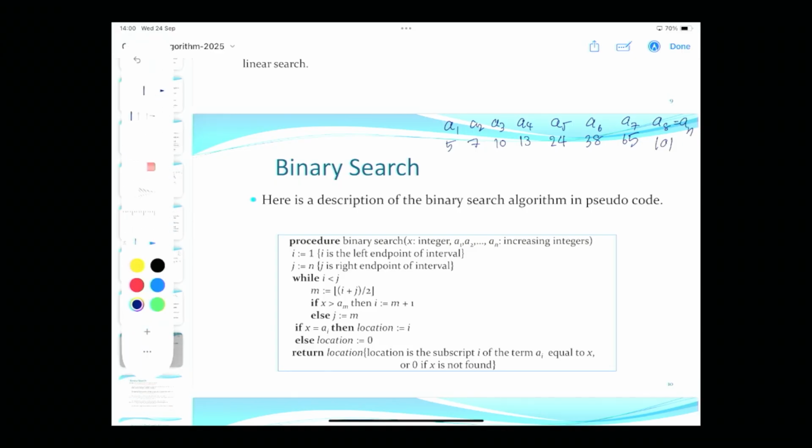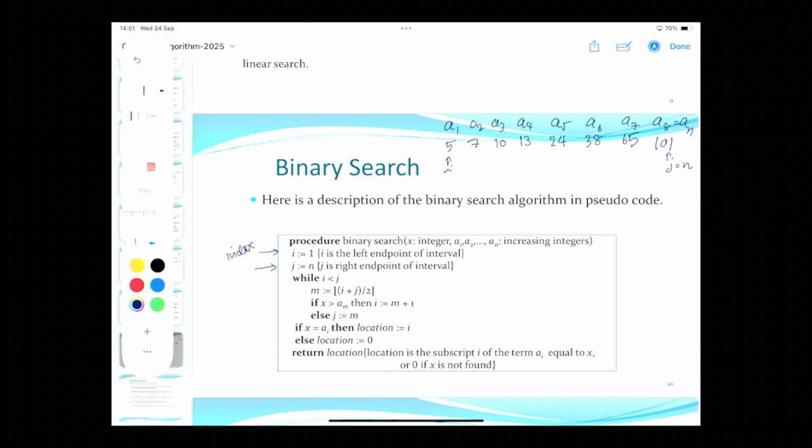So with binary search, we have here the X and I and J, which are indices. I is pointing here, the first element in the list, so I is 1, and J is n.